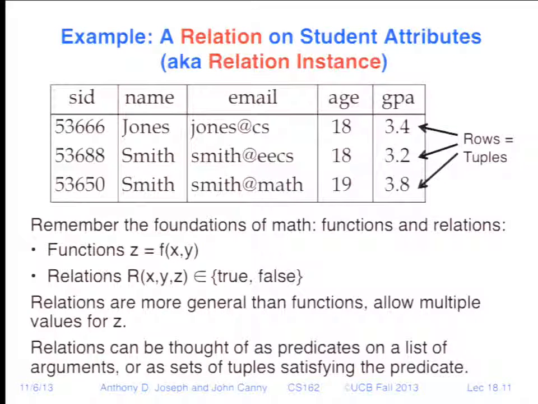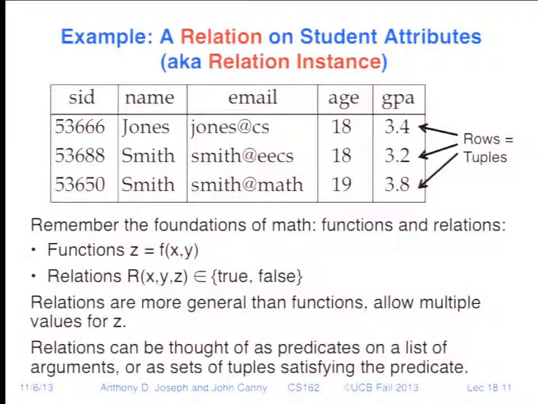Relations generalize the idea of functions. In a relation, you can have values for x and y, but also multiple values for z. And therefore, it's richer. There's something like multiple valued functions, but they allow you to express arbitrary relations between things or attributes that individuals have.